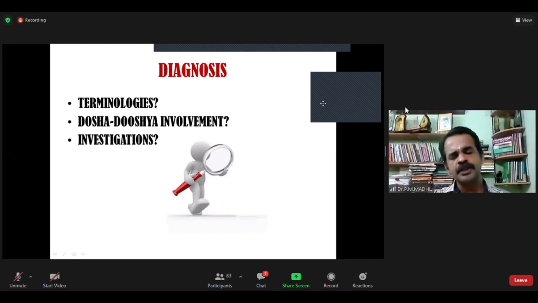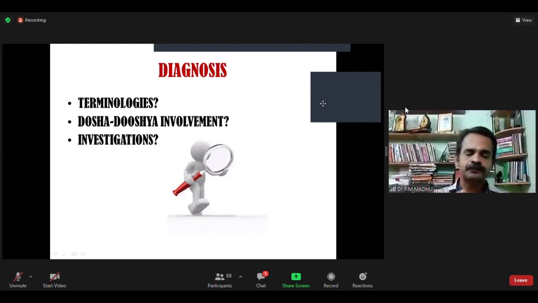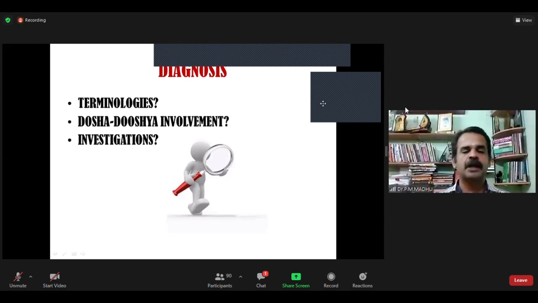In some cases, investigations are also relevant, but in every case, investigations are not that relevant. For example, in case of repeated carbuncles, repeated nodules or repeated pustular lesions, it is necessary to investigate for diabetes, and if that patient is diabetic, that may be diabetes-related pustules or a diabetes-related carbuncle.